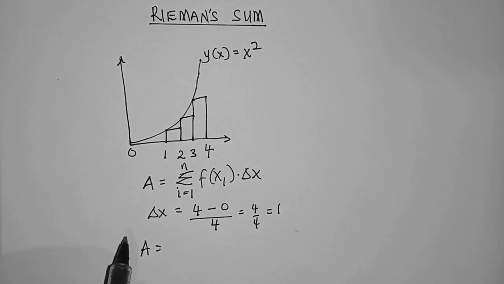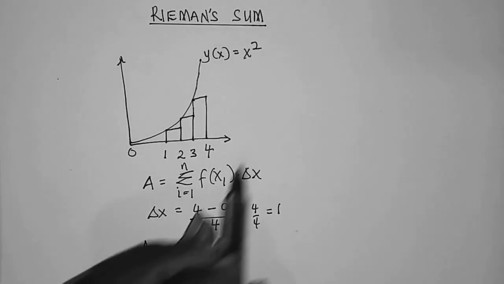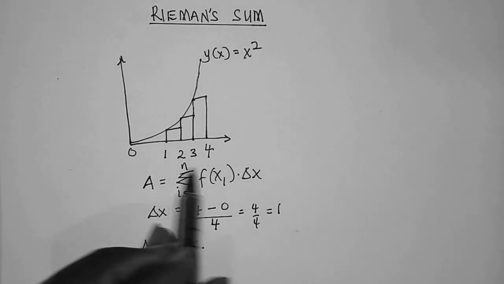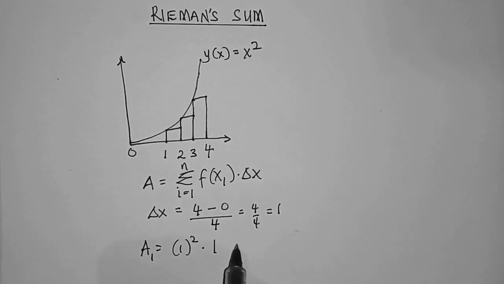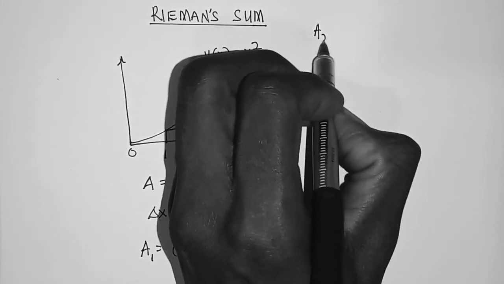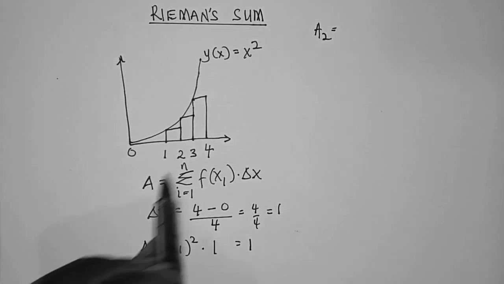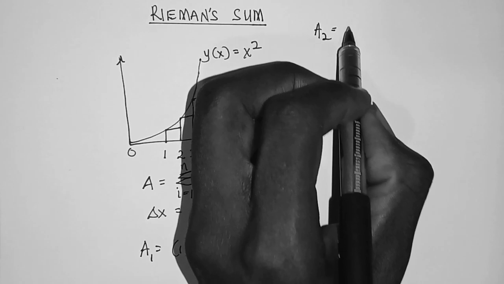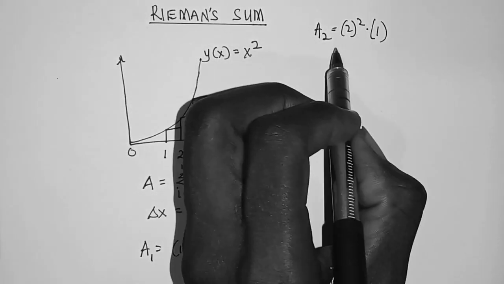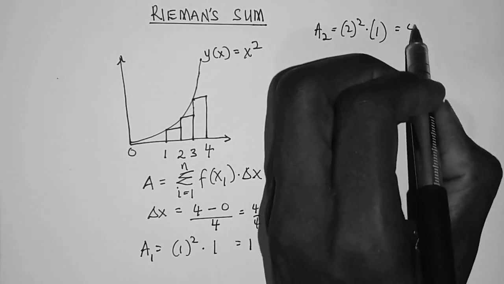Now let's come to f of 1. So a1 is equal to 1 squared times the width, and the width is 1. 1 squared is 1, 1 times 1 is 1. Then let's come to a2. a2 is equal to 2, so we put 2 in the function. That will be 2 squared times 1, and 2 squared is 4. 4 times 1 is 4.